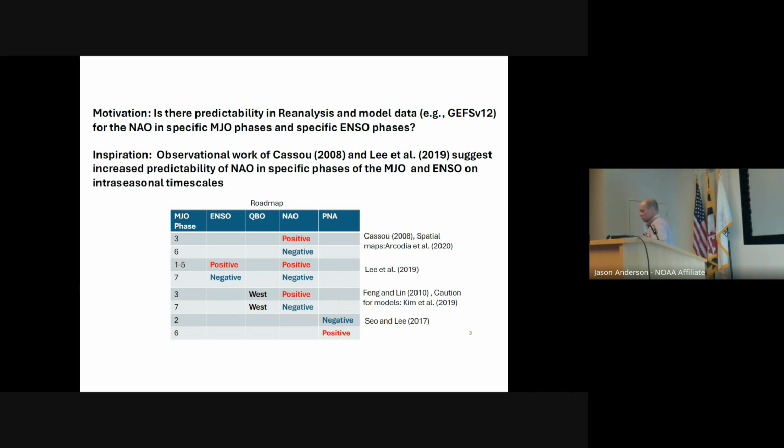I'm a weather weenie, I look at weather maps every day. What's the NAO doing? What's the PNA doing? So Sal and Lee found that in MJO phase 2, they found a relationship with PNA negative, and for phase 6, PNA positive. So as far as we've gotten so far, we'll show some of the things with Cassou, Arcodia, and Lee. We haven't gotten this far yet, but that will be the next step for what we're doing.